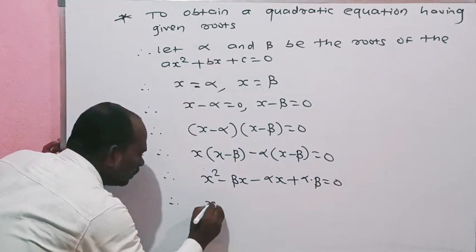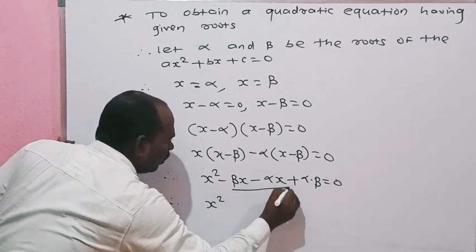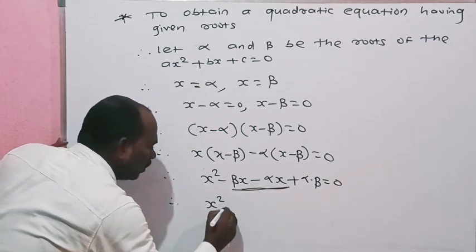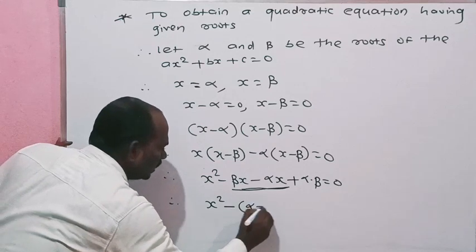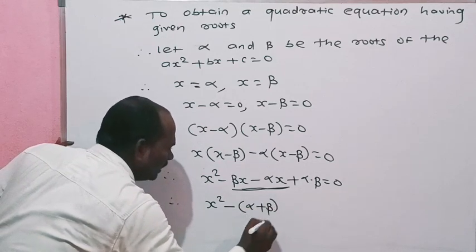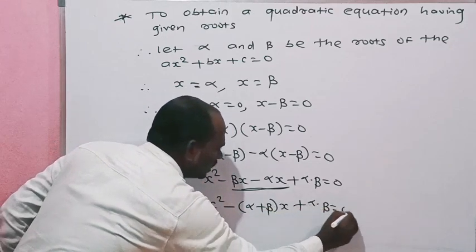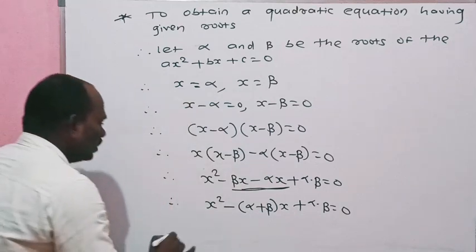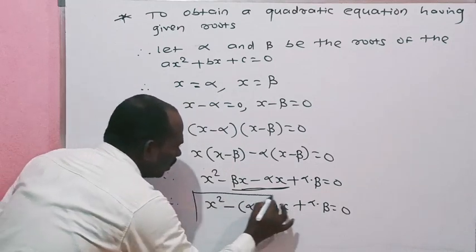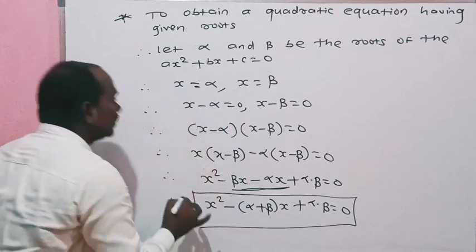Now x square, we can take common the value of minus, that is minus (alpha plus beta) x plus alpha dot beta equal to 0.